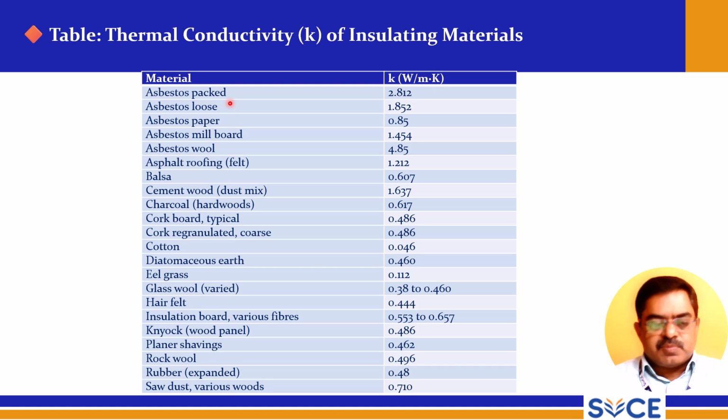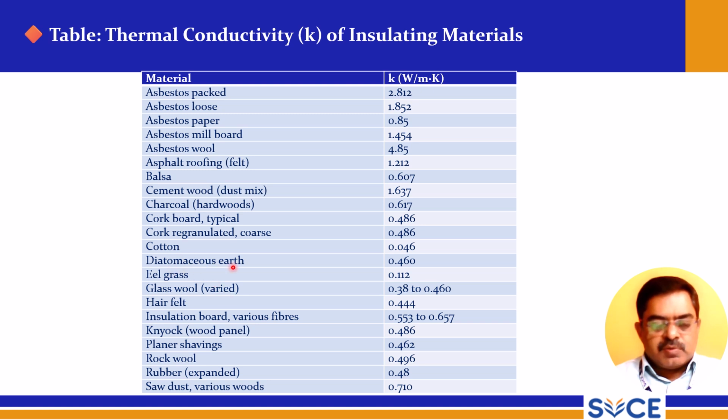So asbestos packed, it is 2.812, asbestos loose, and asbestos paper, and asbestos mill board, and asbestos wool, and asphalt roof. So there is felt and balsa, cement wood, and charcoal, cork board, and cork regranulated, and cotton. Even cotton is a very good thermal insulator.